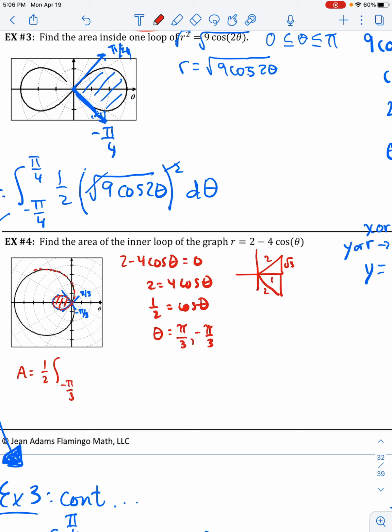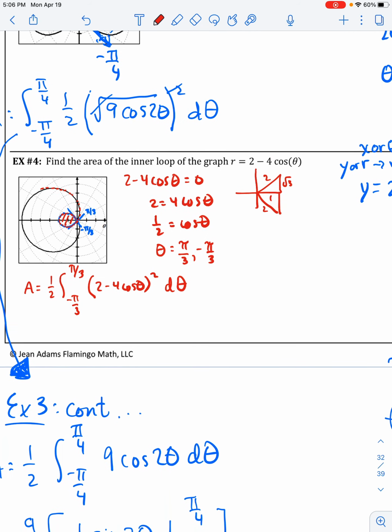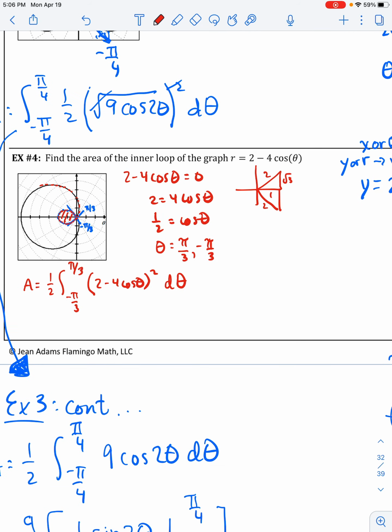All right, so let's start our area equation. So we've got 1/2 times the integral from negative pi over 3 to positive pi over 3 of our (2 minus 4 cosine theta) squared d theta.